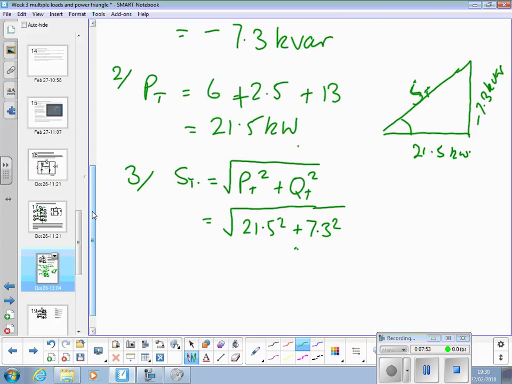It doesn't matter about the negative sign because squaring cancels it anyway. Equals 22.7. Units, James? It's kVA in this case, because all the values we've used are multiplied by 1,000.